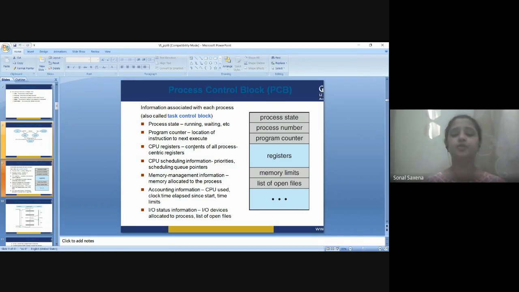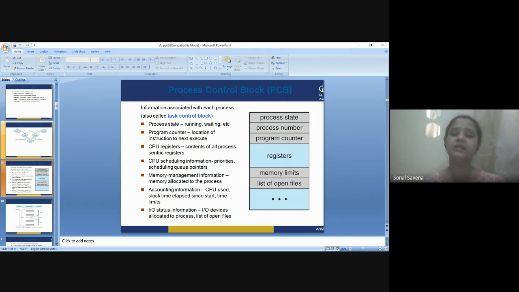Then you have CPU scheduling information. What is CPU scheduling information? Let's say your process is a prioritized process, and some kind of priority is assigned to it. If you remember, in the last class we saw priority scheduling, where I told you that each and every process is assigned some kind of unique priority.